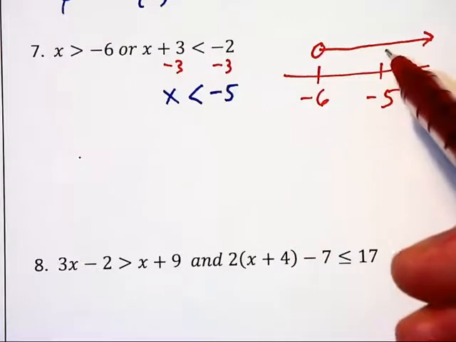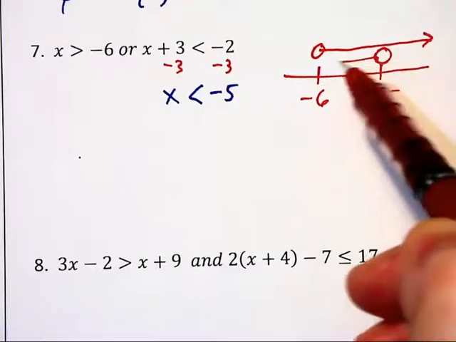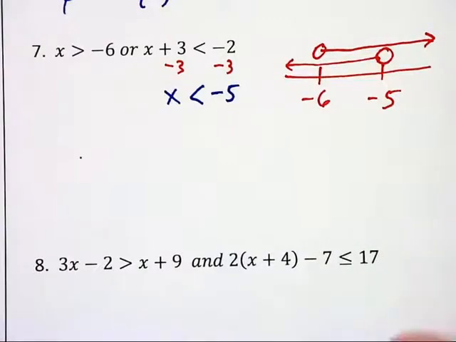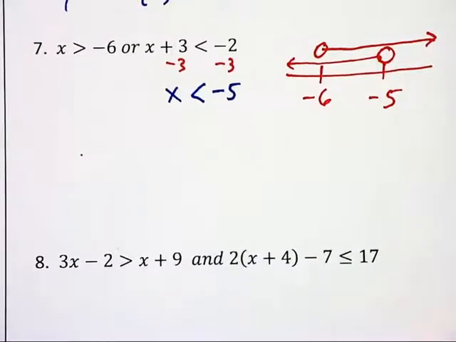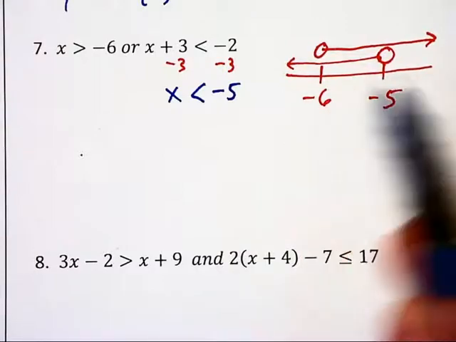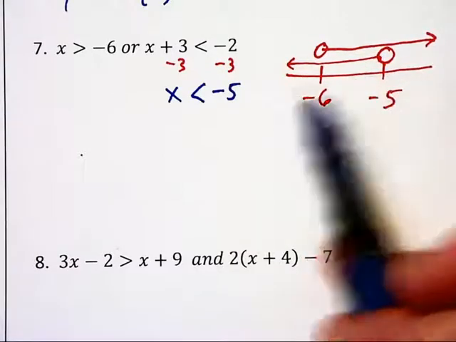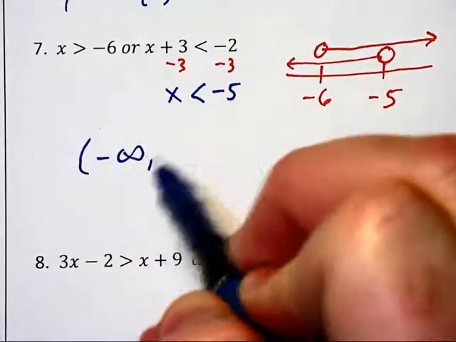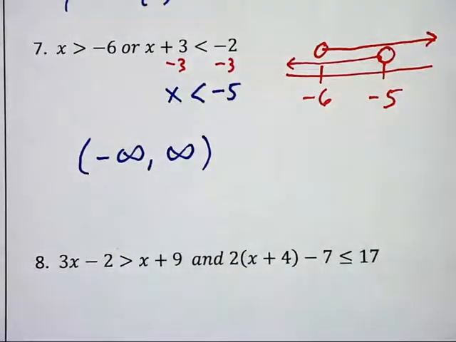The next one is open circle at negative 5, everything going to the left. This is the word or, which says find the union or join these two together. And when I join them together, all real numbers are in one set or the other. So our solution set is all real numbers.